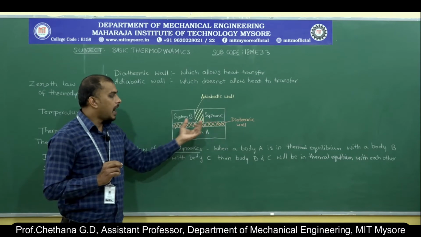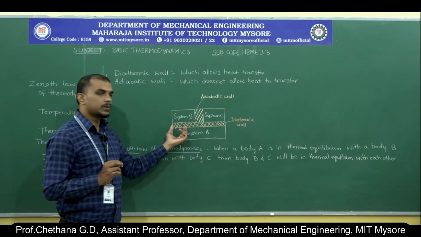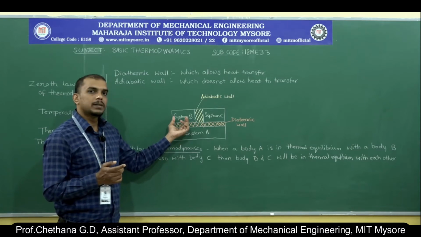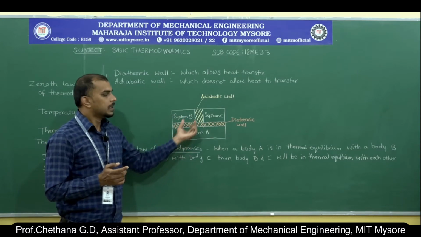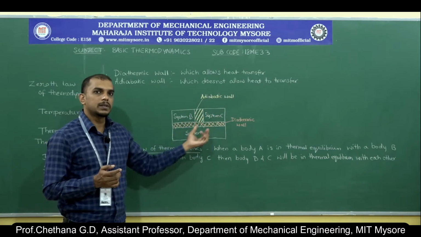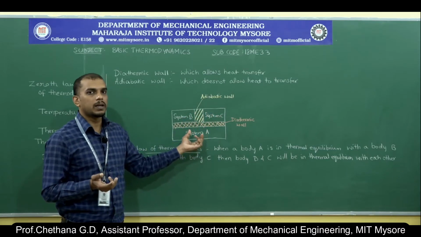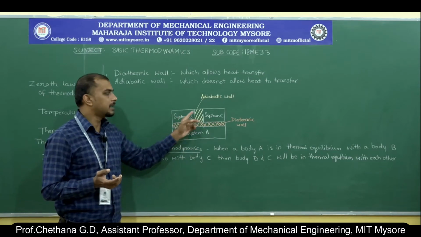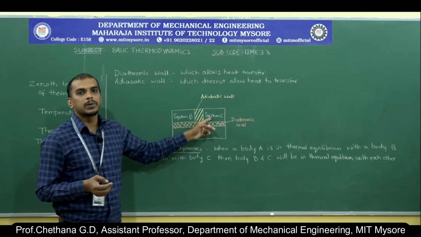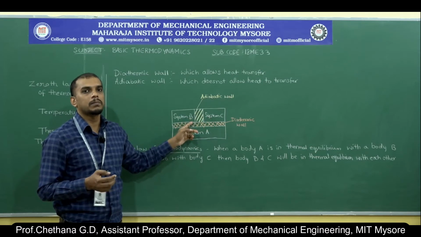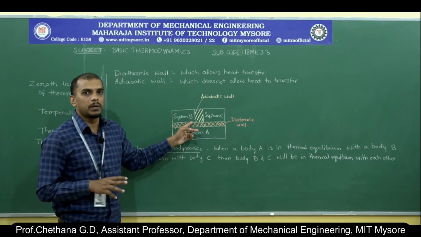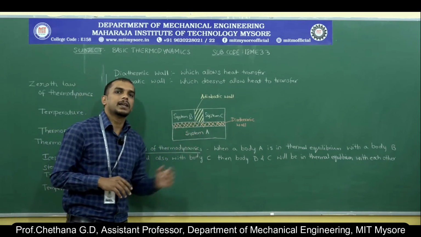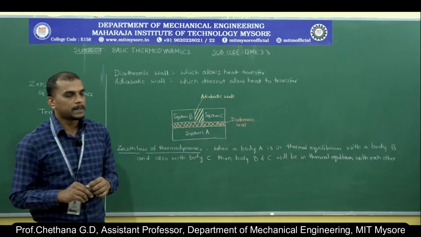Then I bring system A back to system B and check whether system B shows the same reading as system C. Then you are identifying whether B and C are also in thermal equilibrium, or at the same temperature. So, this itself is acting like a thermometer.